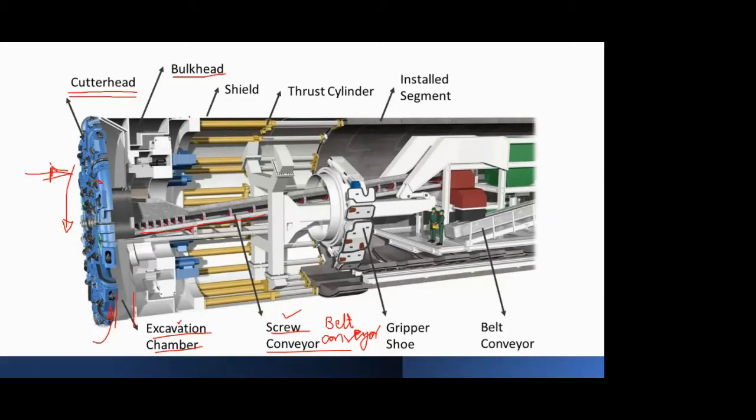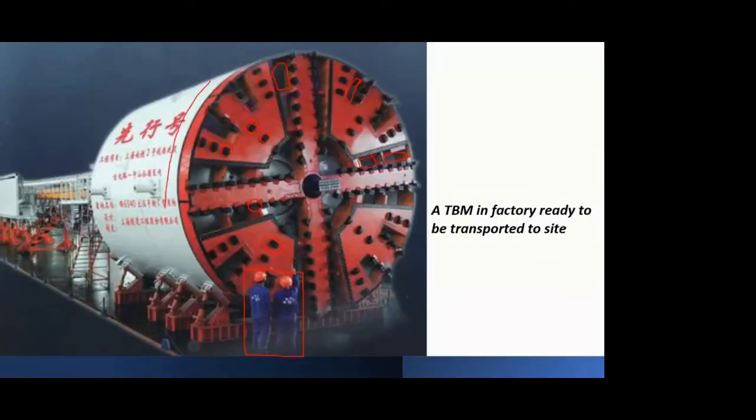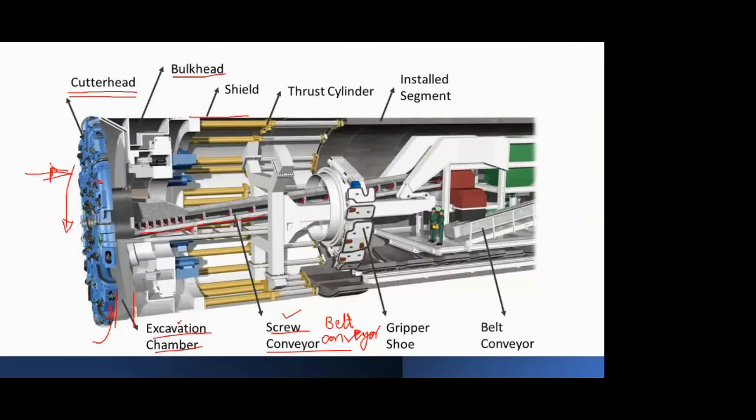Then the shield of the actual TBM. Whatever covering you see, this is the shield of your TBM. Now you might ask the question: okay, that's all fine, the cutter head is rotating and it will excavate the material, the material will be collected into the excavation chamber and conveyed outside through the conveyor system.